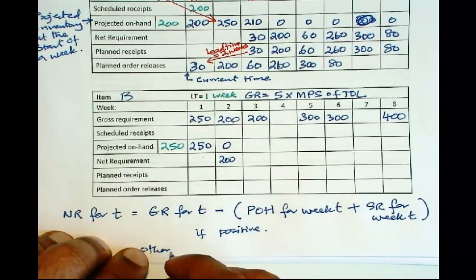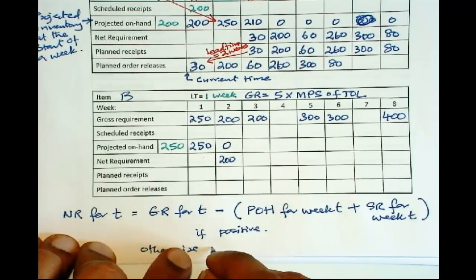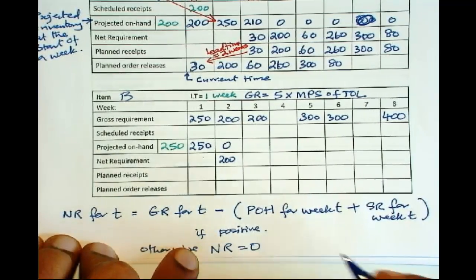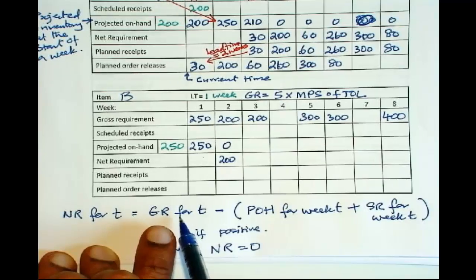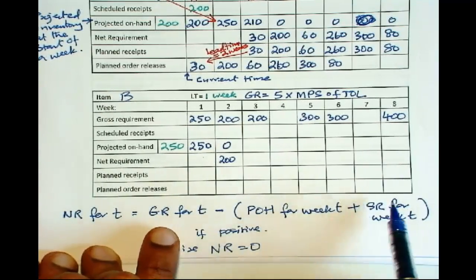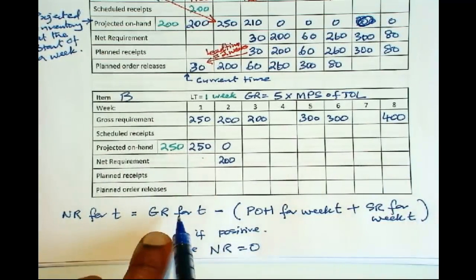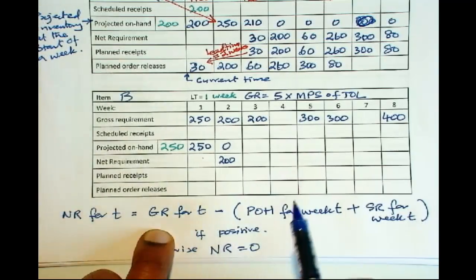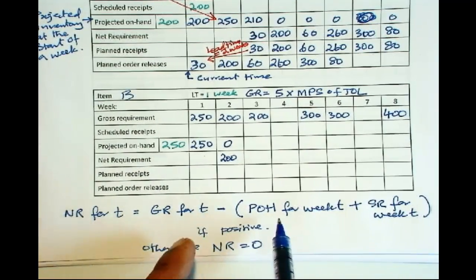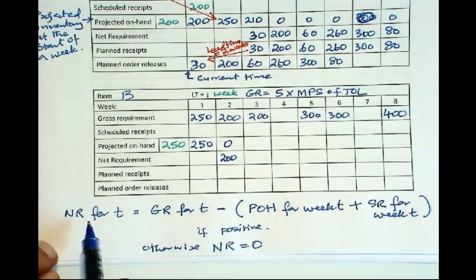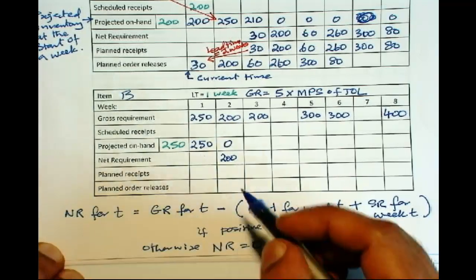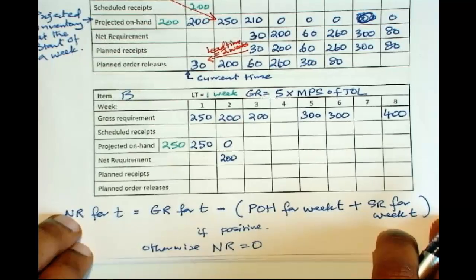Otherwise, net requirement is 0, because if the gross requirement is smaller than the available, then there is no net requirement. Only when the gross requirement exceeds what is available, when this difference is positive, will you have a net requirement. So we can use that formula here.